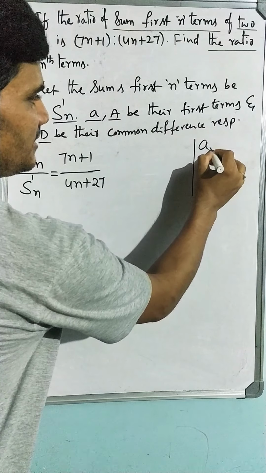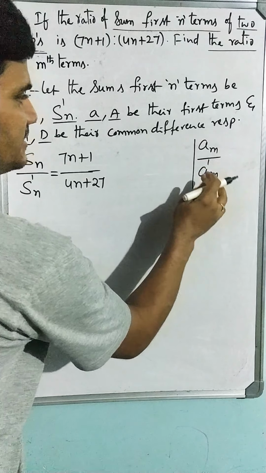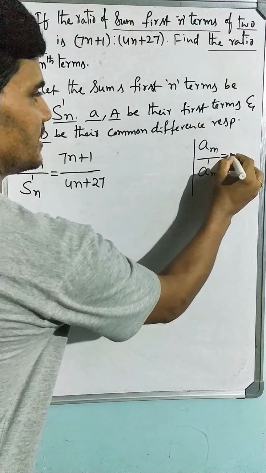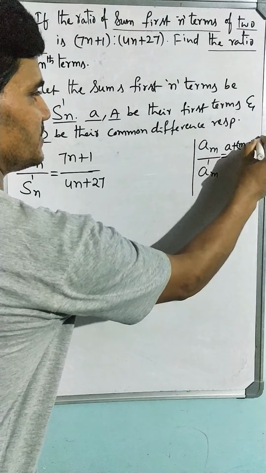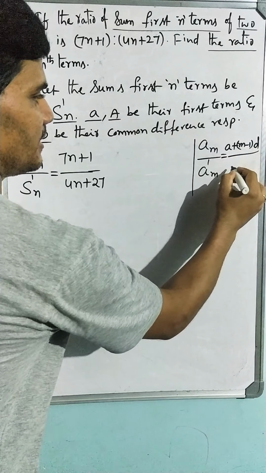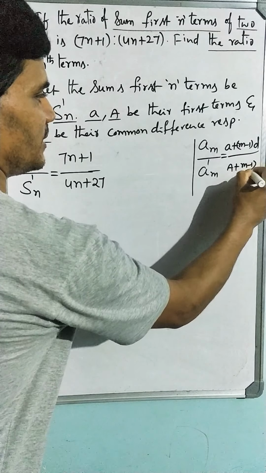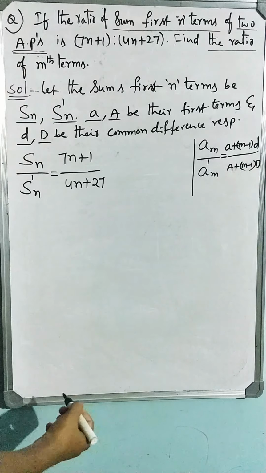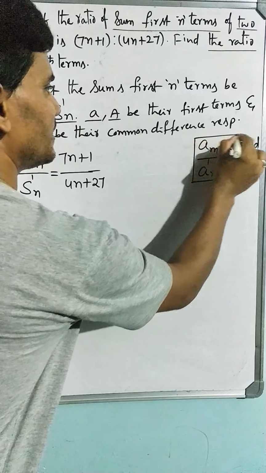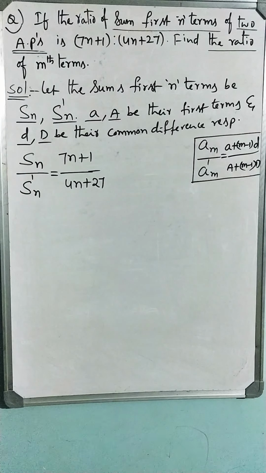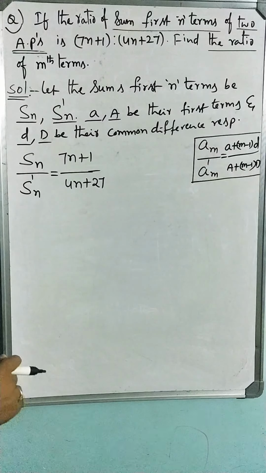Let it be am over a dash m. This is the ratio of mth terms, that is a plus m minus 1 times d by capital A plus m minus 1 times capital D. So you have to keep it in mind. We are going to find the ratio of these two terms.